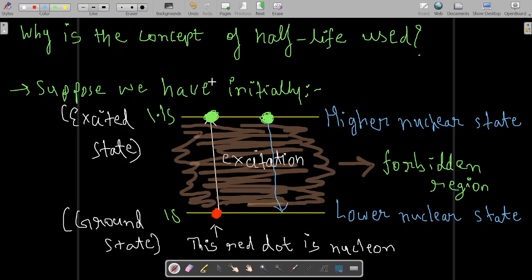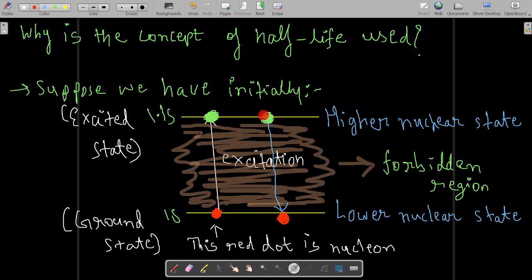So what will happen? When they try to come back to the ground state, all of them will not come back simultaneously. It will not happen like a marching army of soldiers, with all of them returning to the ground state at once.